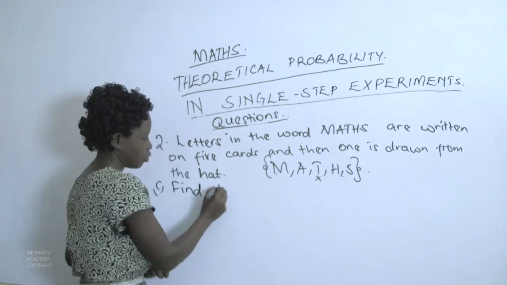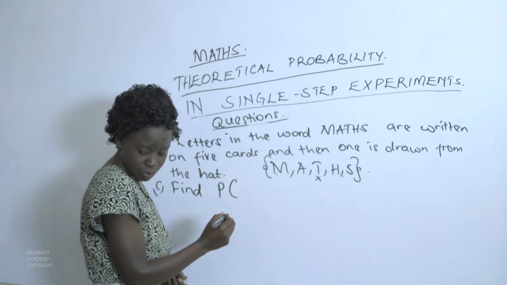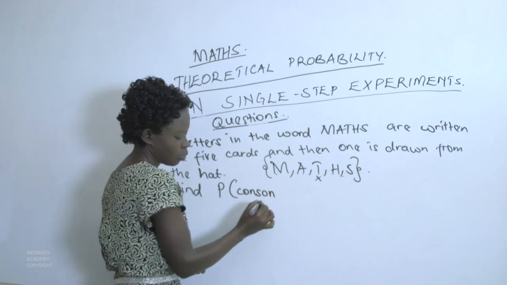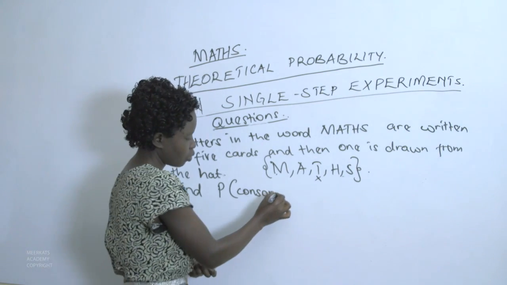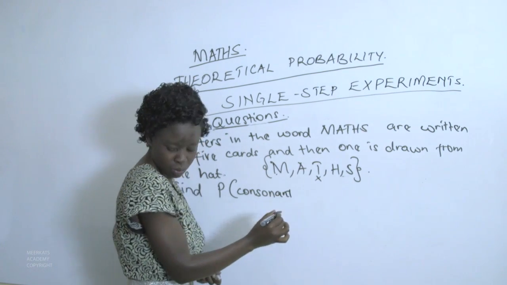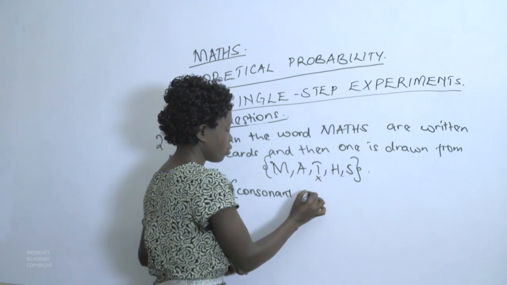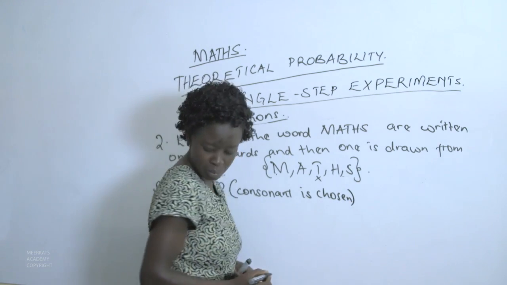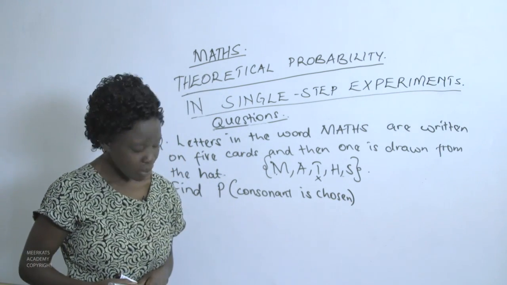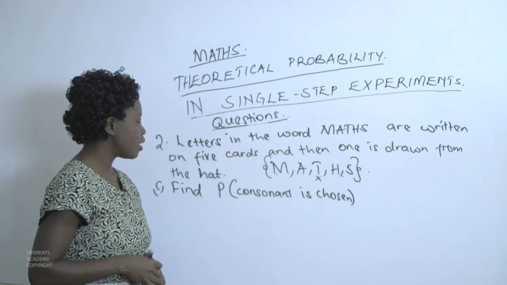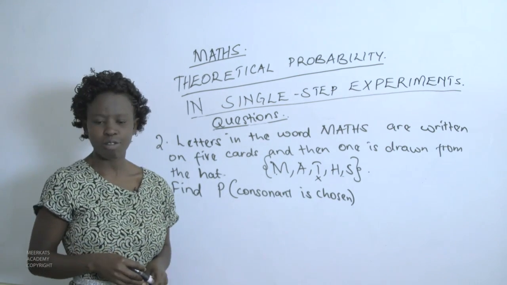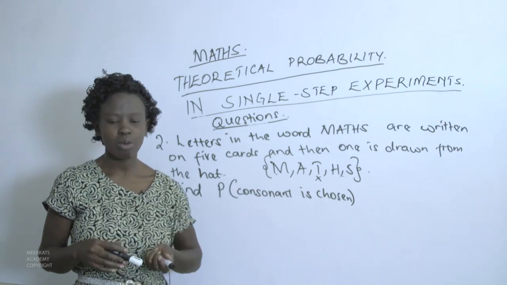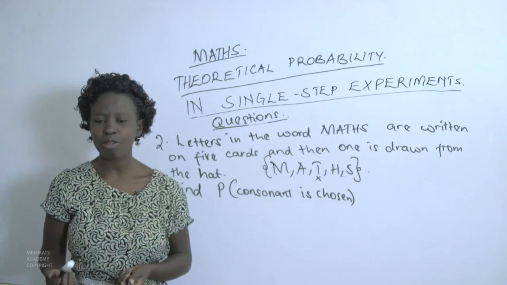Part C. We are supposed to find the probability of choosing a consonant from this word. So we first need to know what a consonant is.